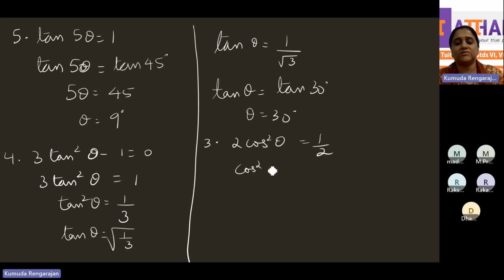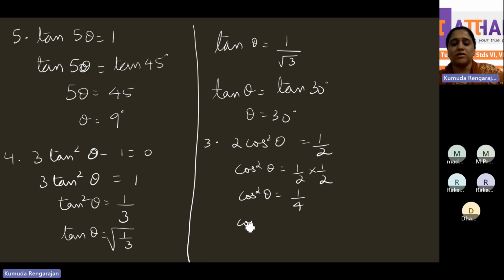So cos square theta is equal to, you went wrong here. So cos square theta is what? 2 is what actually? 2 is 2 by 1, right? So on the other side, it will become 1 by 2. So this 2 will become 1 by 2 and 1 by 2. So cos square theta is equal to 1 by 4.